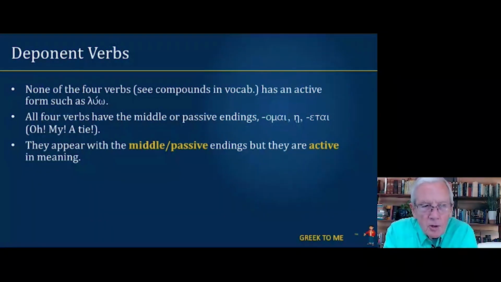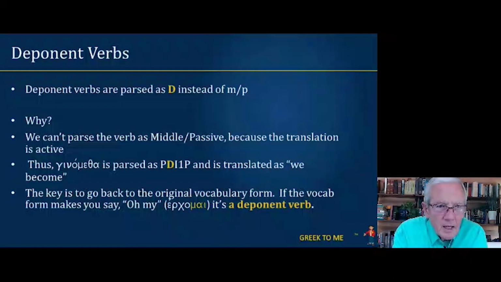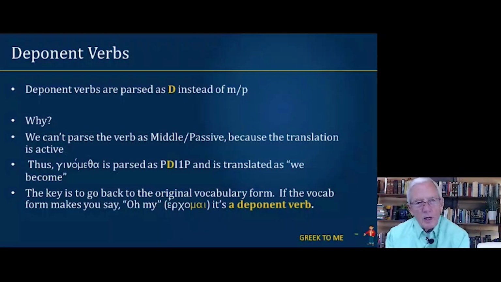They appear with a middle passive ending, but they are active in meaning. So deponent verbs are parsed with the letter D instead of middle passive. Why? Well, we can't parse the verb as a middle passive because the translation is active. And we can't parse the verb as active because the ending is middle passive.